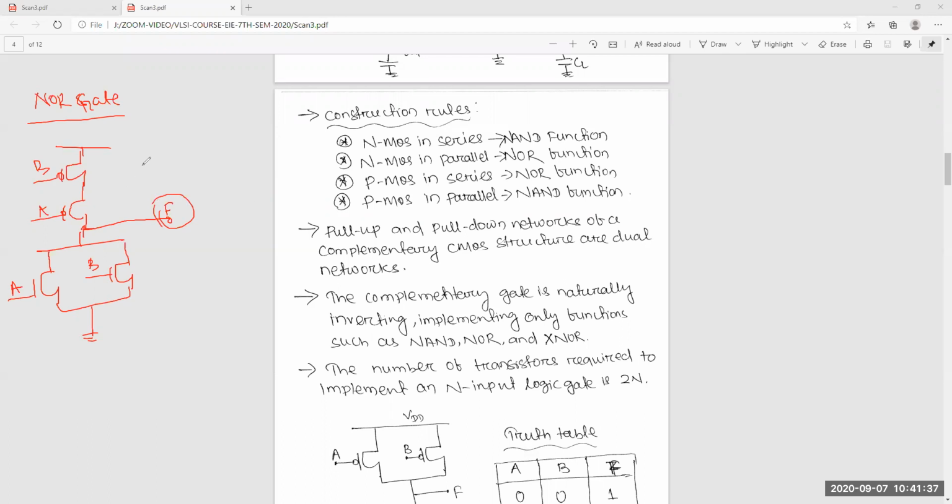Similarly, these are simple two input NAND gates. Suppose I say a 3 input NAND gate.